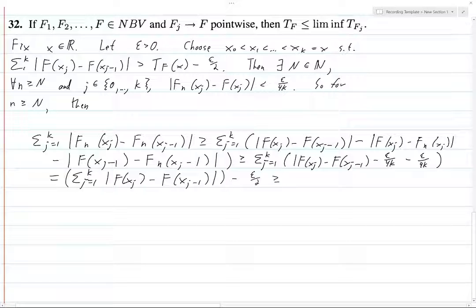But then was this greater than or equal to? We chose this to be greater than this. This is a strict inequality, but whatever, it's greater than or equal to Tf of x minus, and then we'd get another epsilon over 2 from here. So this is just minus epsilon.